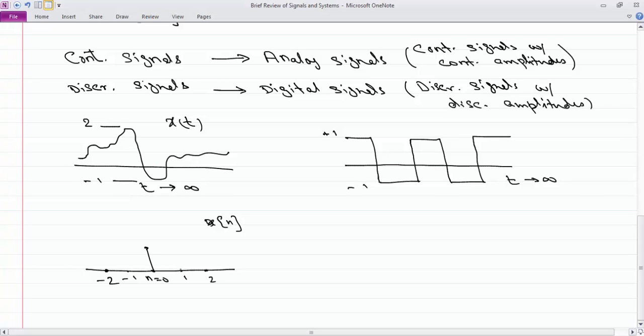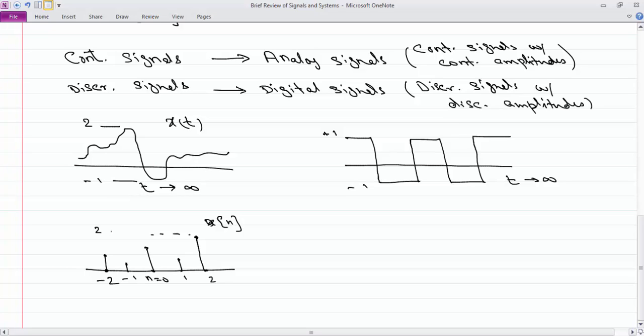So if your signal can take all possible values in this range, right now I'm drawing only 5 values, but let's say these 5 values could be any number between 0 and, assume, 2. So this is a discrete signal with continuous amplitudes.